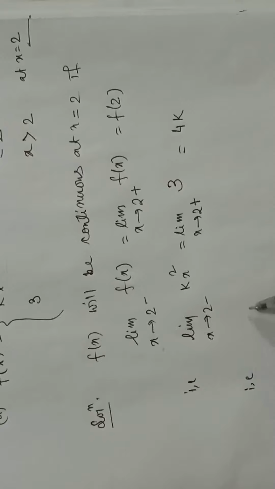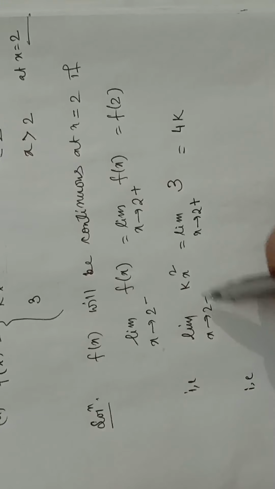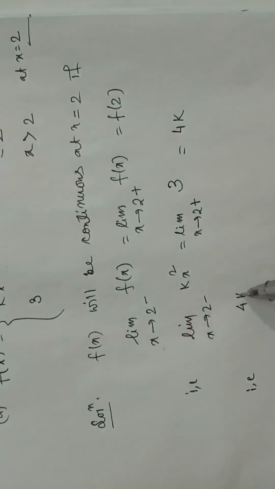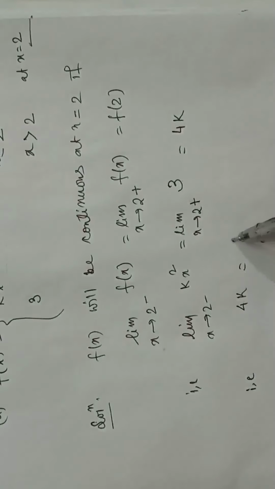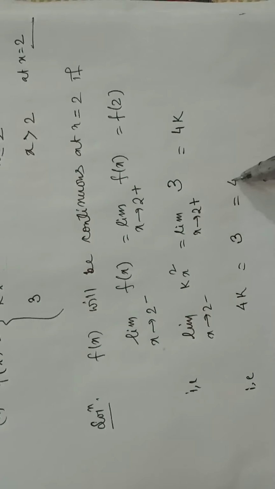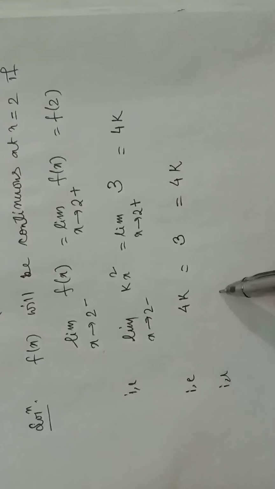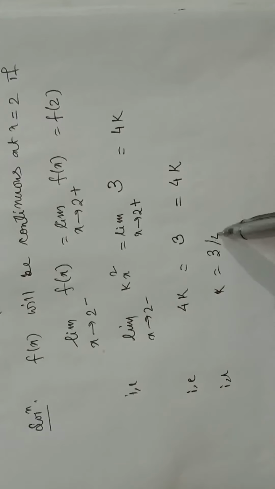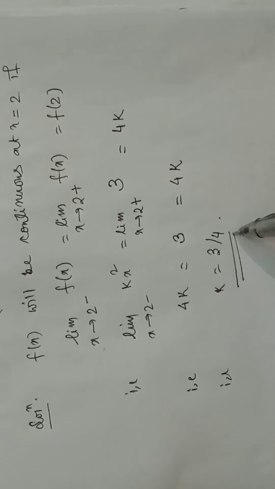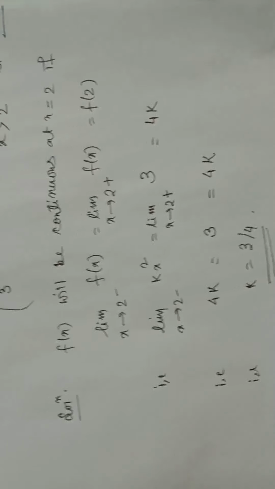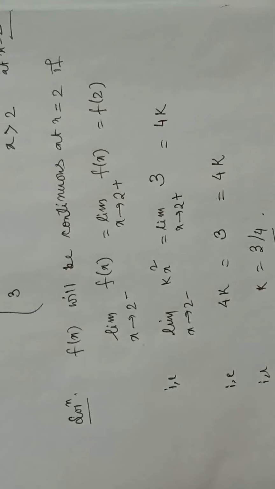Now if we put x equal to 2, this will become 4k. 3 is a constant, its value will remain 3, equal to 4k. That is, 4k equal to 3 means k equal to 3 by 4. Okay, and this way you have to use the definition of continuity.